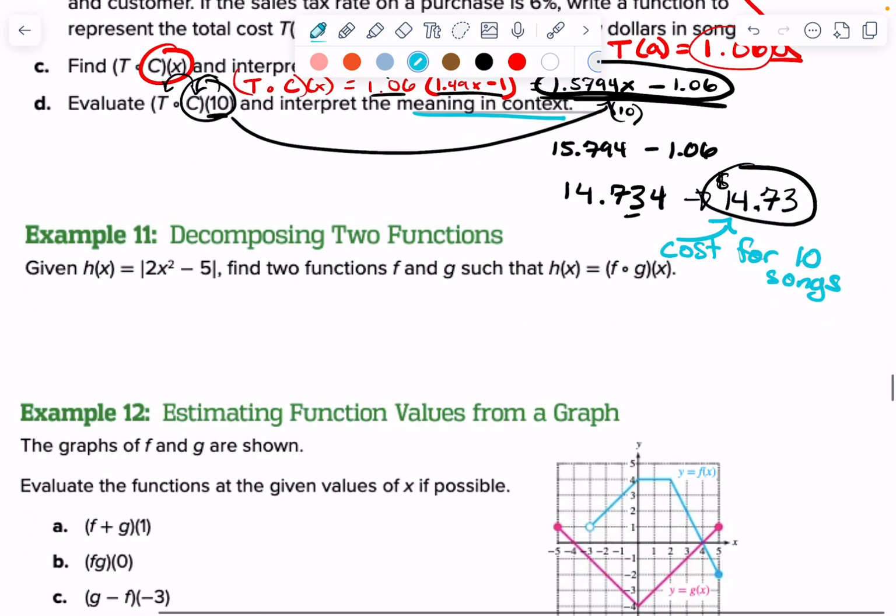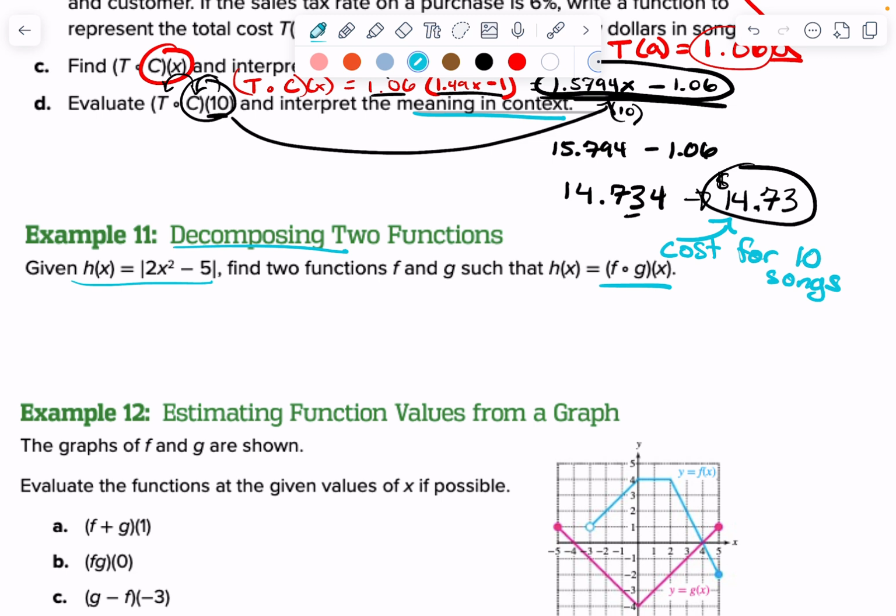Oh, this is my favorite. Okay, example 11, example 12 are probably my favorites, actually. This one is saying, here is what h of x is. I want to decompose, which means I want to break that apart into two functions that are happening, okay? And I want to pull it apart so that I can write it as f composed of g of x.